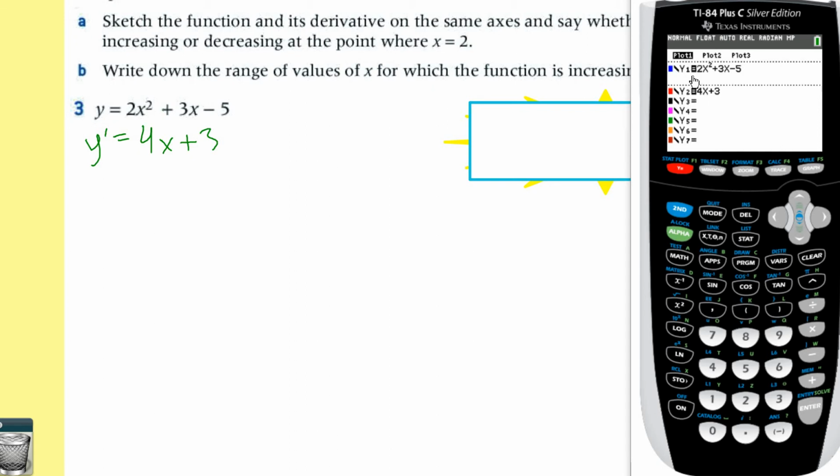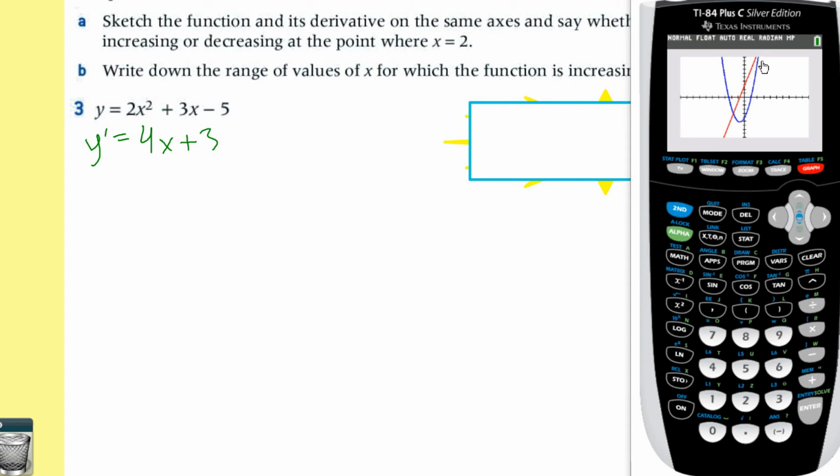That says they're going to be on the graph. When it's empty, like y3 to y7, nothing will show up for those. On the left side, those colors let you know which one. So the blue one is my original, the red one is my derivative. Then I hit graph, and it takes a little while.